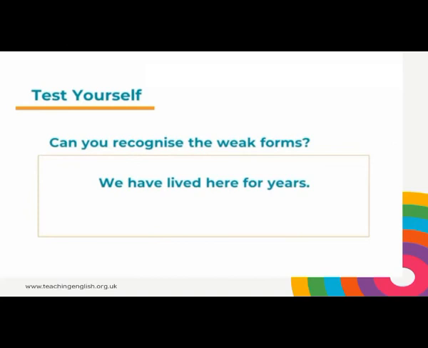As we said, the stressed words are the content words that carry the meaning of the sentence. So what are the stressed words here? Lived and years. There is also another word, here. Yes, lived, here, and years. There are three stressed words. And the weak forms are we, have, and for.